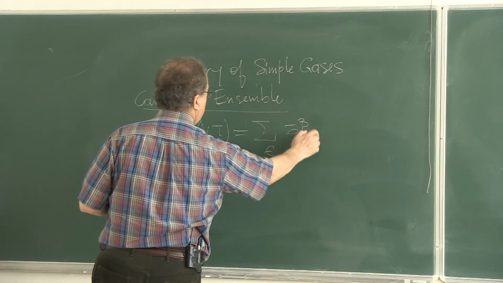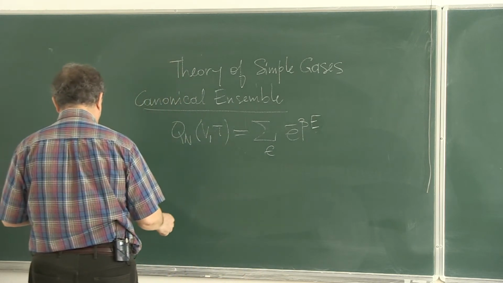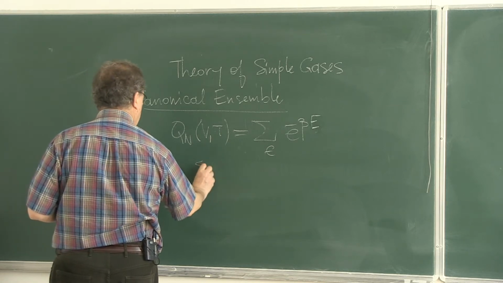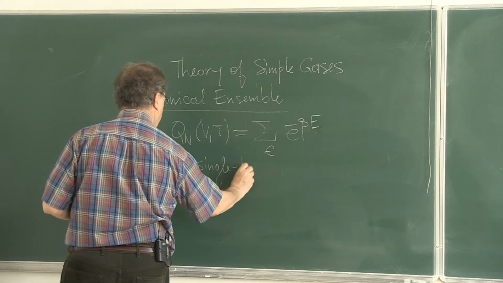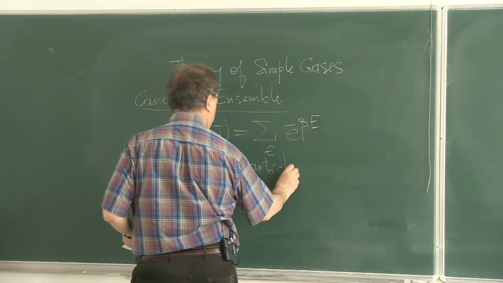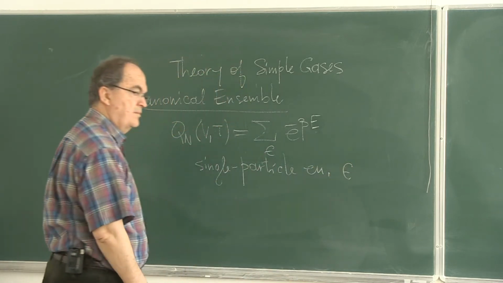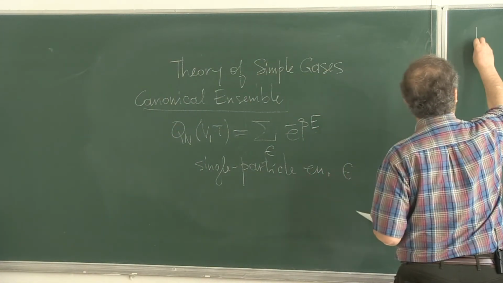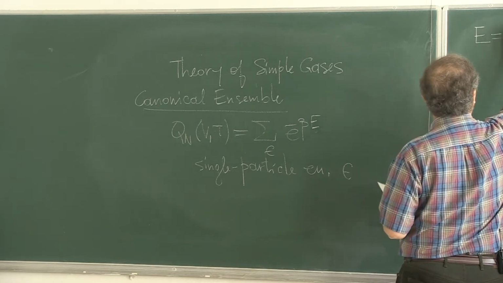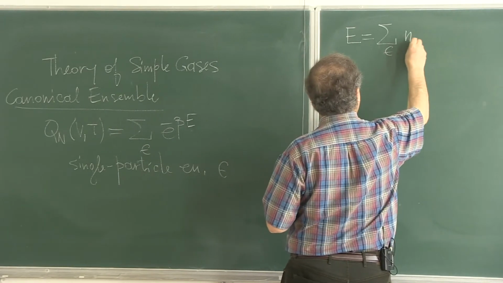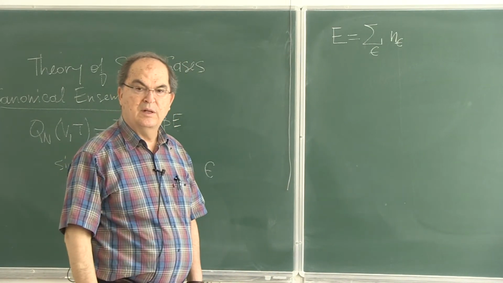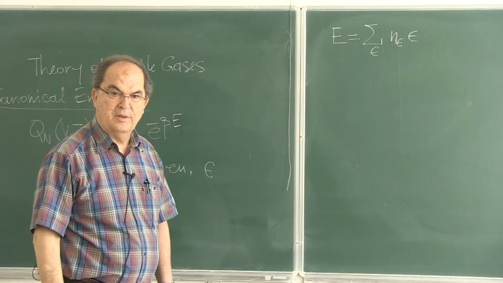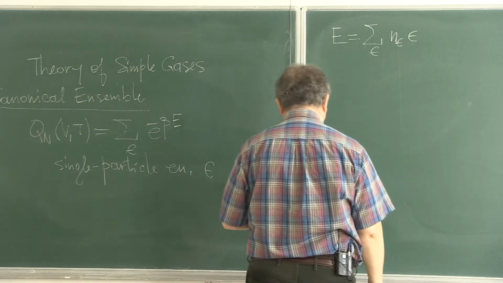This is E, energy of the system. Well, single particle states, single particle energies, let's specify them as epsilon, system energy as E. If we do that, we can write the total energy in terms of number of particles in this state with energy epsilon times that corresponding energy, okay, occupation number formalism as we have done it.